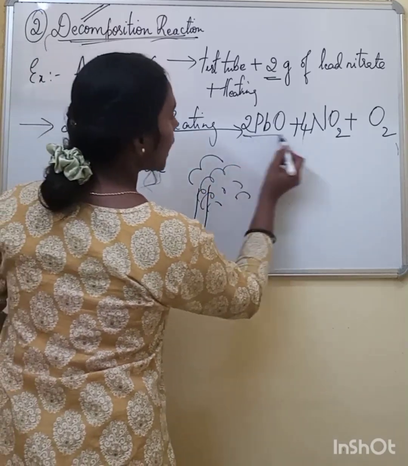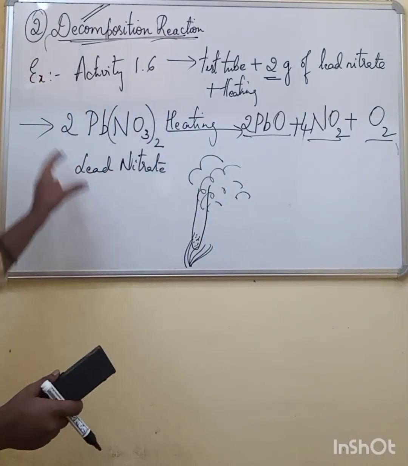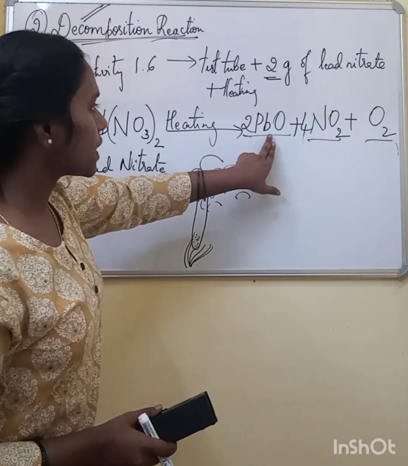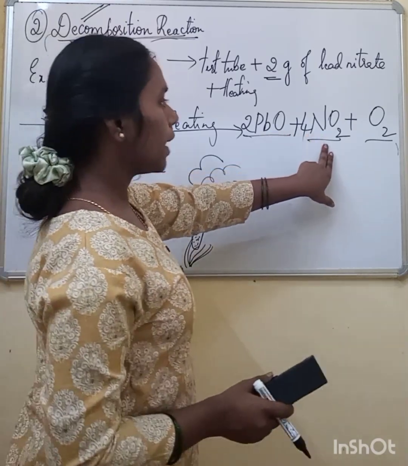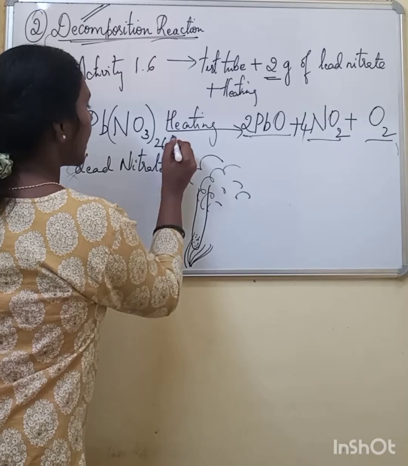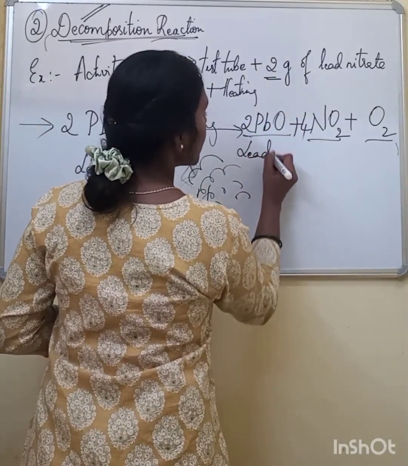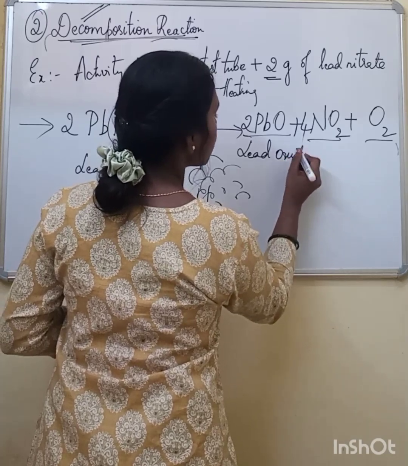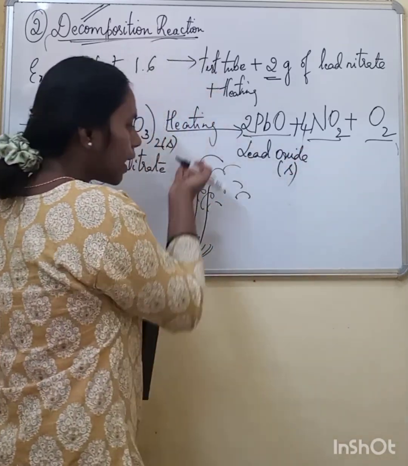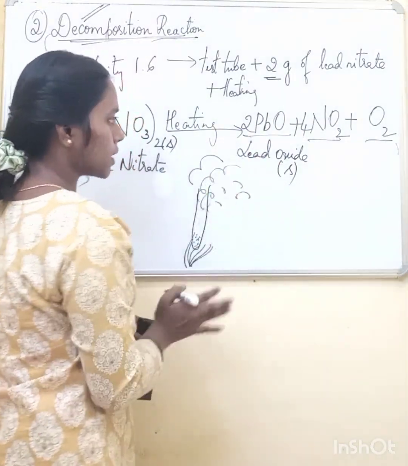So we are getting so many products on heating lead nitrate. Correct? We are getting PbO, that is lead oxide, NO2 and O2. Pb(NO3)2, lead nitrate, is solid. PbO, lead oxide, will also be a solid. A solid can't be in the form of fumes, correct? So the fume is not lead oxide.